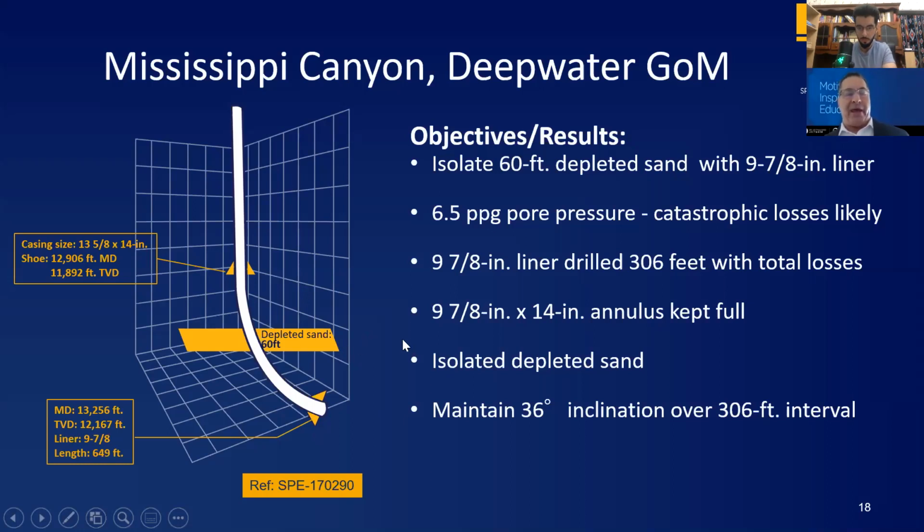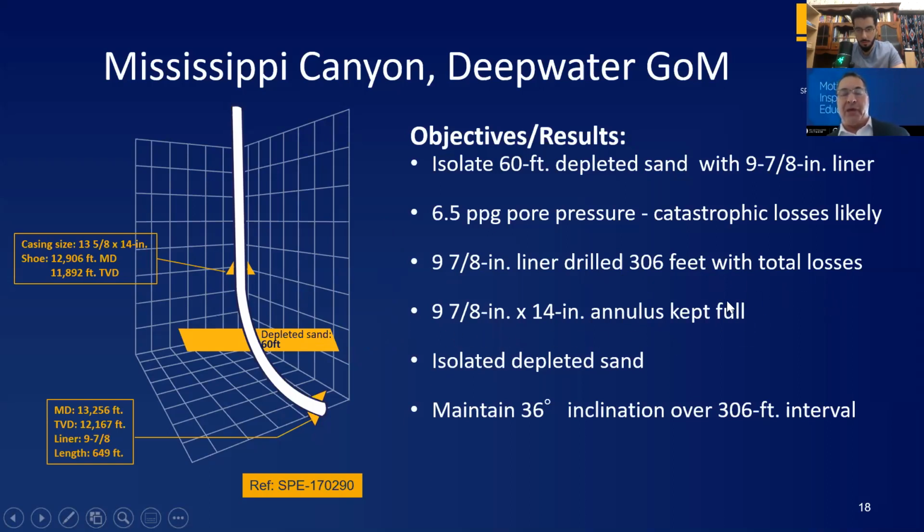So they had an armada, several transportation vessels outside near the rig, just in case it had catastrophic losses. And that wasn't the case. Everybody was pleasantly surprised, probably due to the smearing mechanism sealing off that permeable sand. The liner drilled 306 feet with total fluid losses.